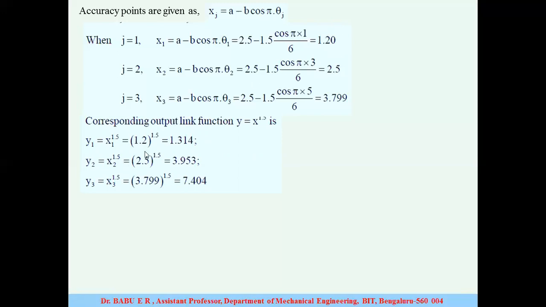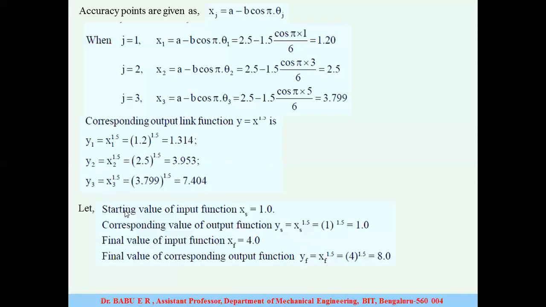So 1.20 to the power of 1.5 gives 1.314. Similarly, y2 equals x2 to the power of 1.5, that is 2.5 to the power of 1.5, which equals 3.953. Similarly, y3 equals 3.799 to the power of 1.5, which equals 7.404. So we got the corresponding output link functions.